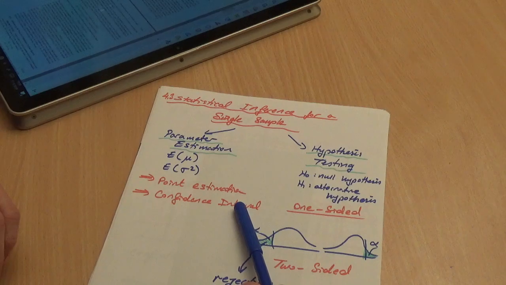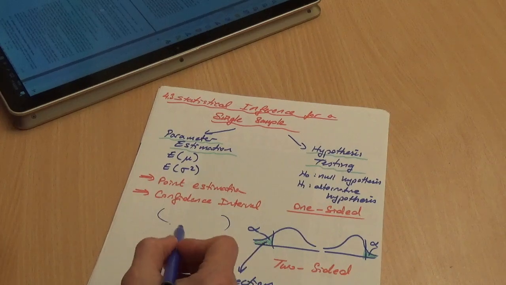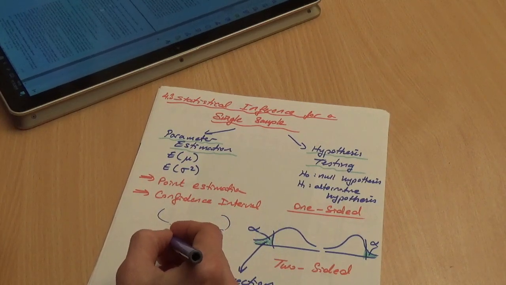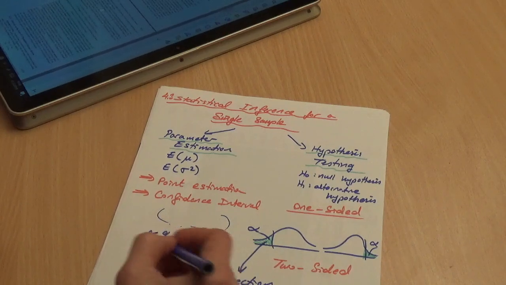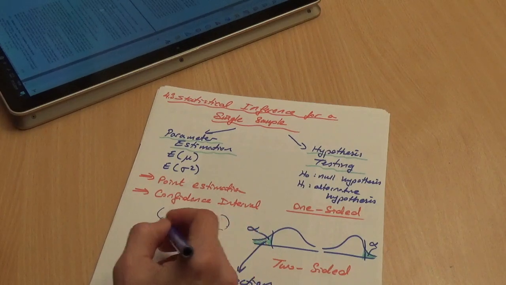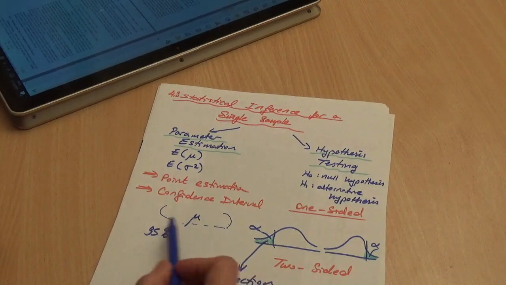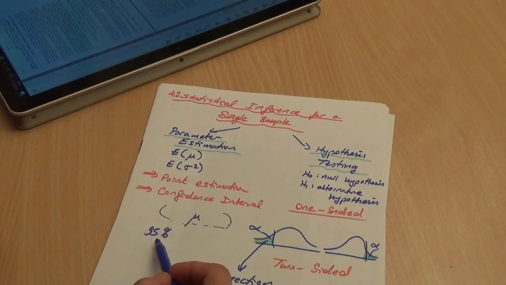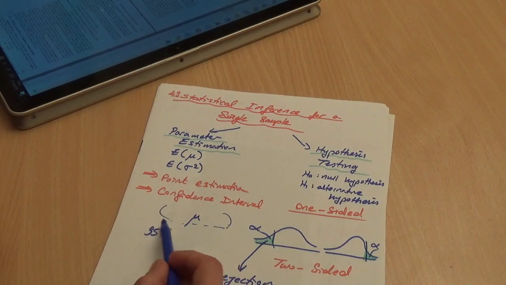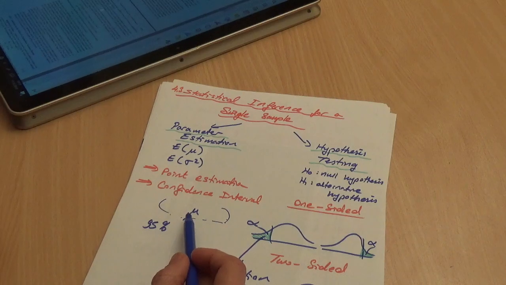In confidence interval, we would give some kind of an interval so that we will say that, for example, 95% we are confident that the average is between these numbers, whatever these numbers are. So we will say that we are 95% confident that the average is between these numbers. So this gives us the range for the mean of the population.